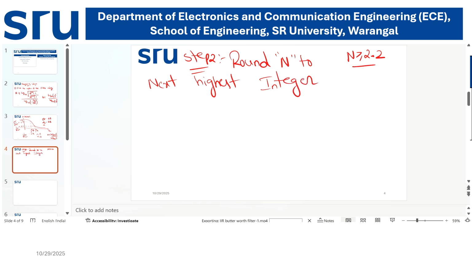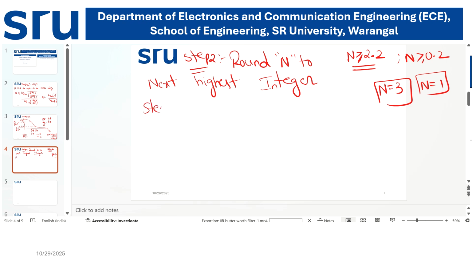If I got 2.2, then n is equal to 3. In the formula itself we have n greater than or equal to: if it is an integer it will be equal, and if it is a fractional value it will be greater.